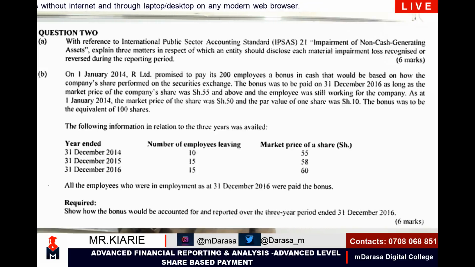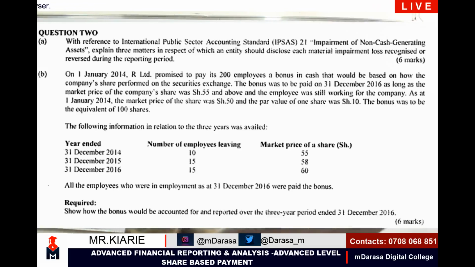on condition that the market price of the company's share was 55 and above, and that the employee was still working for the company. So there are two vesting conditions that must be fulfilled.